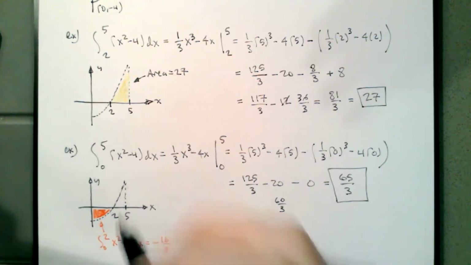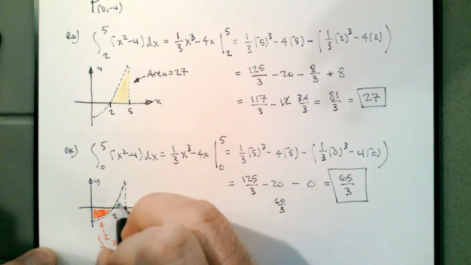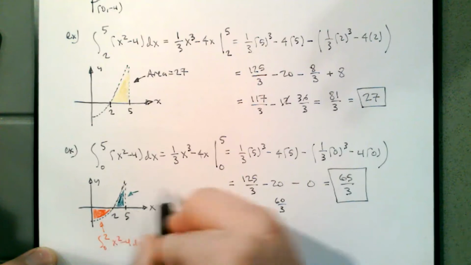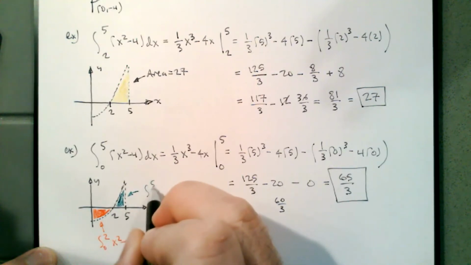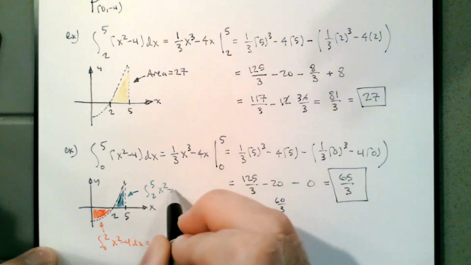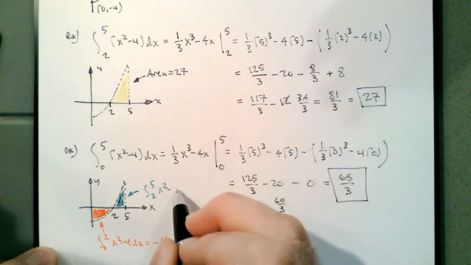And we have a definite integral from 2 to 5 of positive, oh, sorry, 81 over 3, 27.